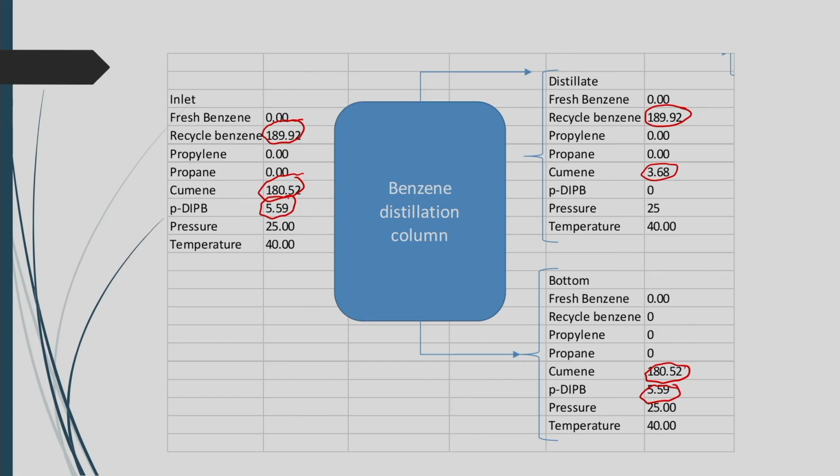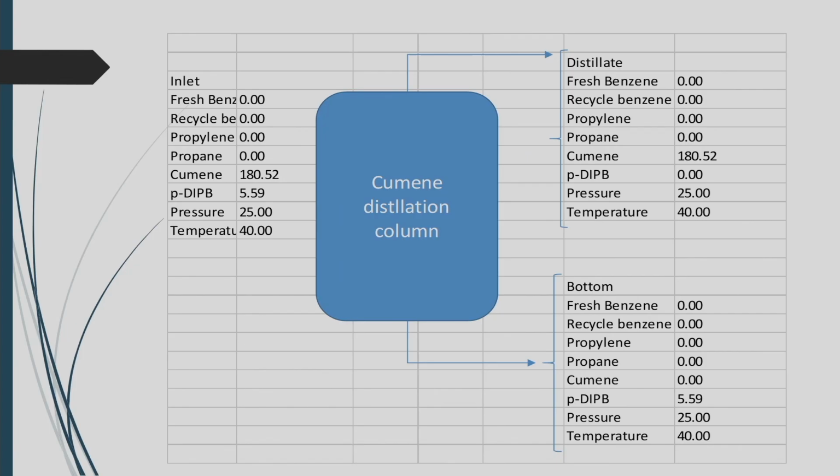And then this bottom product of the benzene distillation column is again separated in a cumene distillation column, where the input will be the same, that is cumene and byproduct, and as a distillate only the cumene product will come, and at the bottom only DIPP will come.